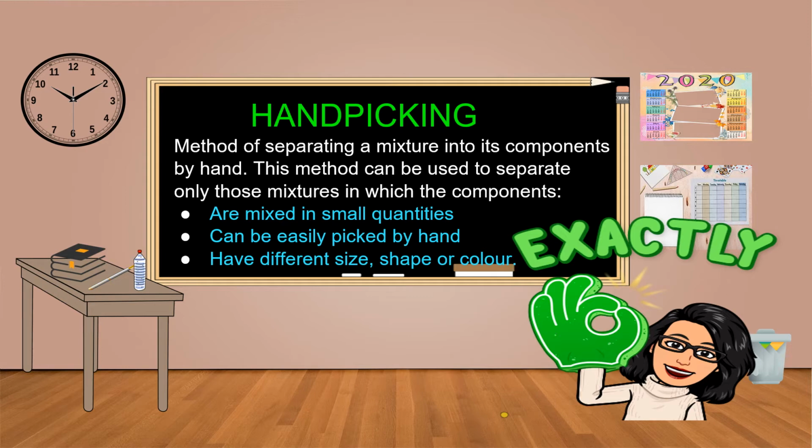They have different size, shape or color. All these properties help us to identify components from each other. So, all these things are important while we are opting for the process called hand picking.